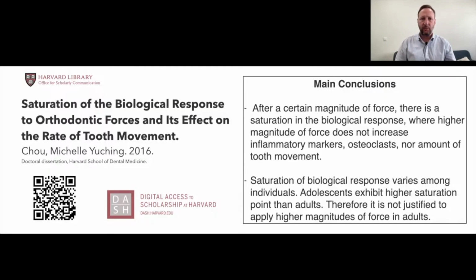We understand, and we already reviewed in other classes, and I have been discussing this since the course last year, where I discussed the basics for orthodontics with aligners, that we have some limitations in terms of orthodontic movement. We have a saturation point.